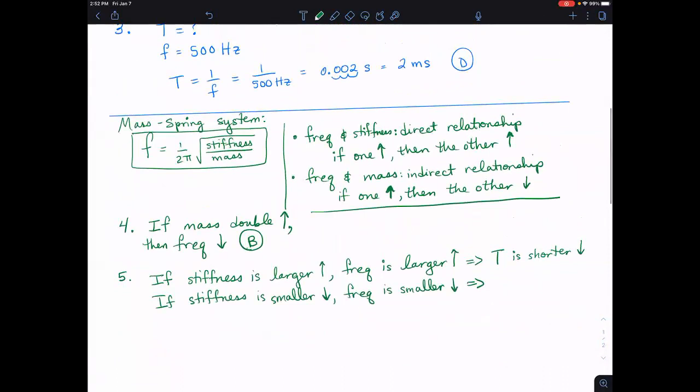So the smaller or lower frequency will have a longer period. When I say stiffness is smaller, that means a looser spring, and when I say stiffness is larger, that means the stiffer spring. Just trying to get all these words connected. So the answer is that the longer period will come from the looser spring.